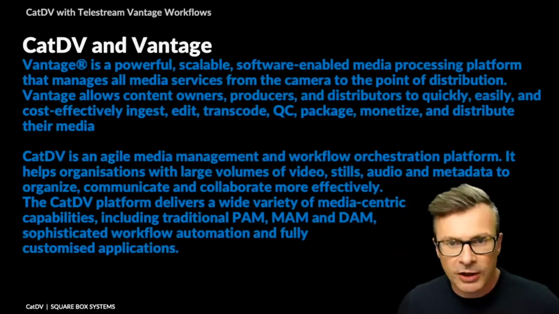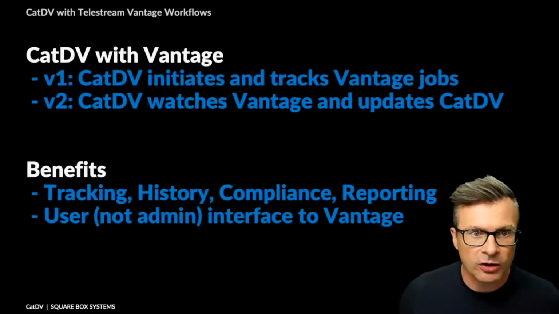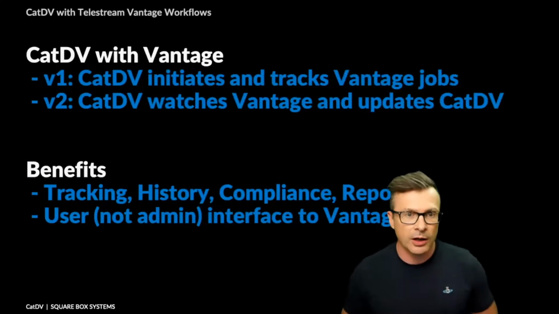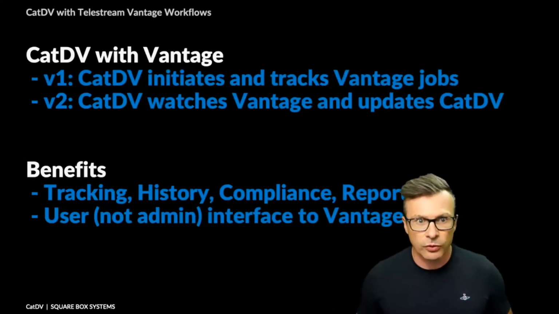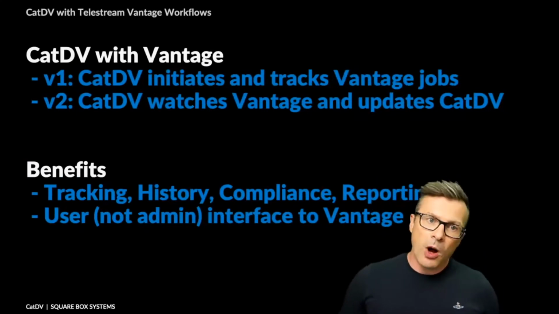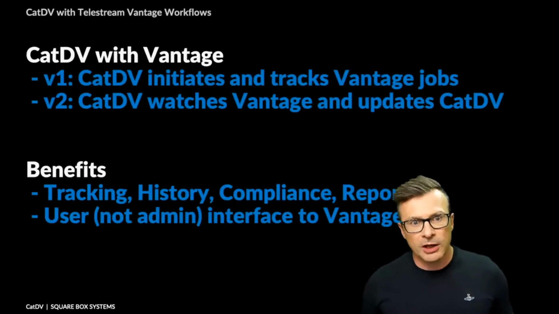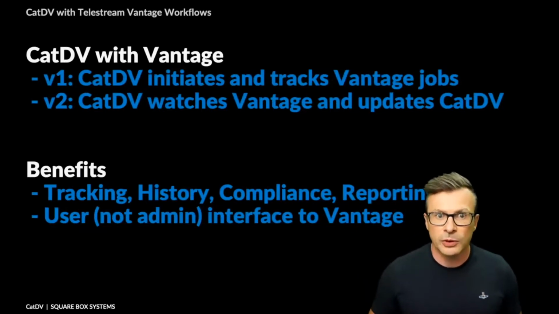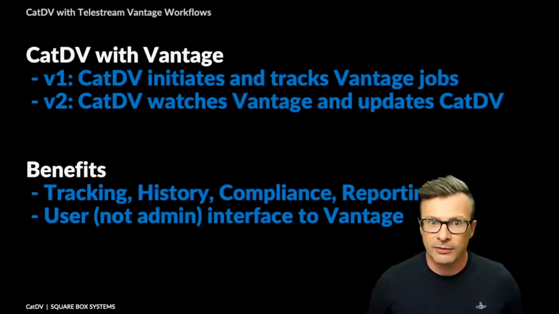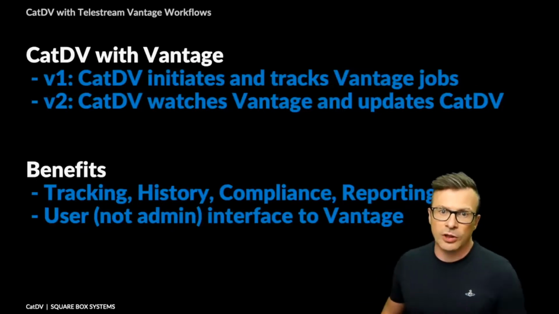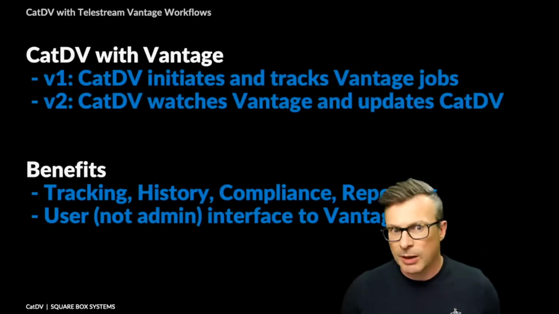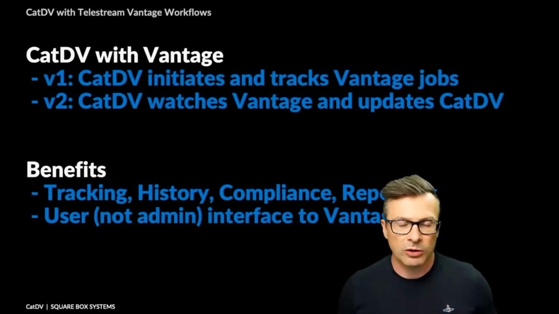So let's just quickly recap what it is that we do with CatDV with our integration provided by our North Shore chums. V1 of the integration has been around for some years, and that allows you to initiate workflows from CatDV and tell Vantage to go and do stuff. Maybe you want to do a transcode, maybe you want to do a delivery.